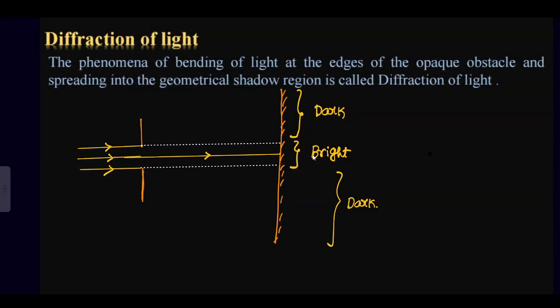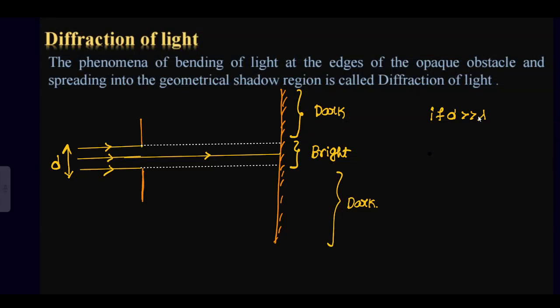It won't happen. Here there is a gap, and if the distance is d, and d is very much greater than lambda, then the light goes straight.